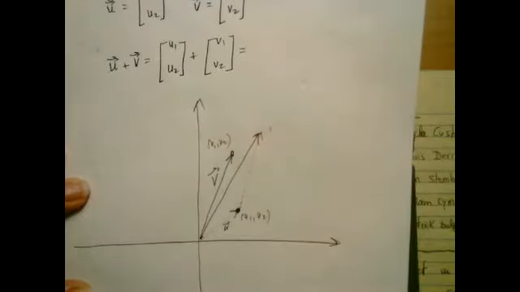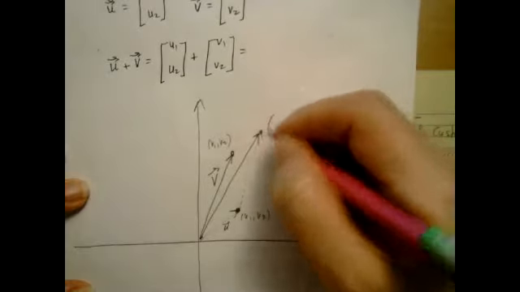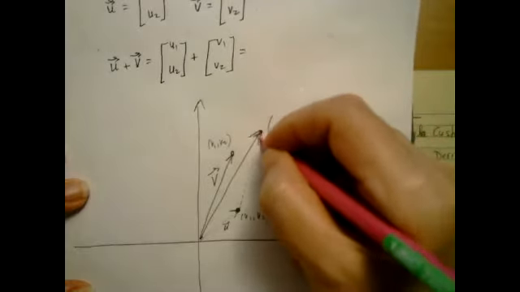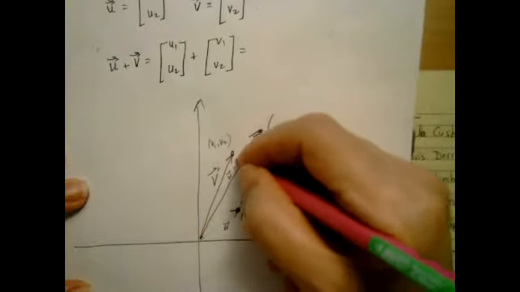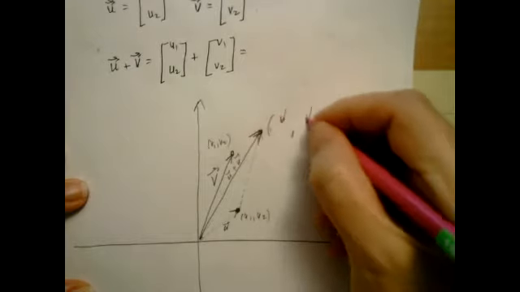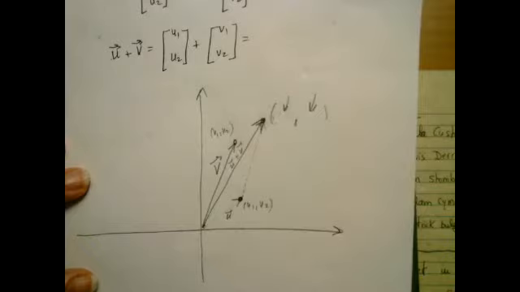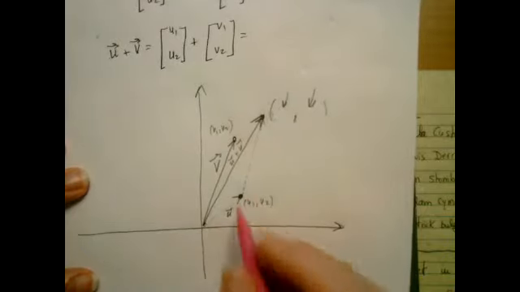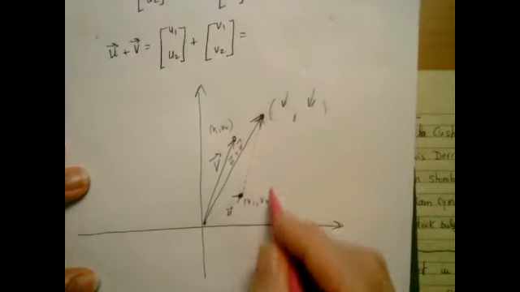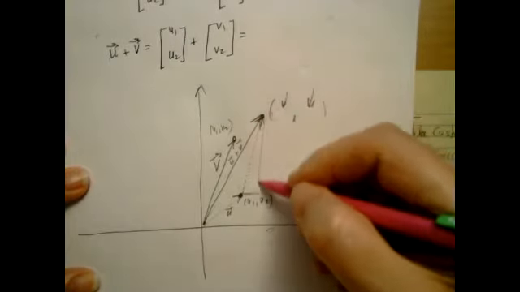Another question is, what is the coordinate of that? The coordinate is nothing more than the components of the vector u plus v. But the components are nothing more than the coordinates. What should go here and what should go here? Now, a bit of geometry tells me the following. Let us watch how easily we can figure it out.